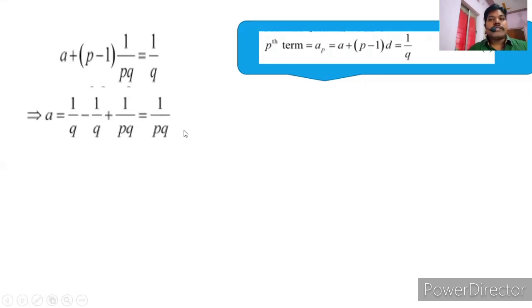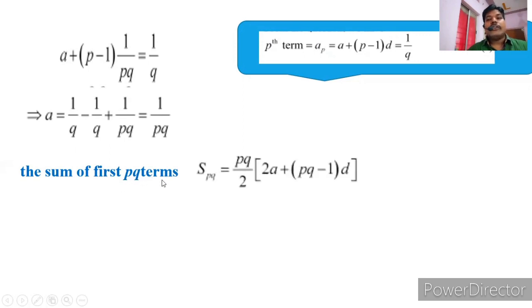All are understood, students? So already you know the A value, and here we have calculated the D value. D and A values are both the same. So A is equal to 1 by PQ and D value is also 1 by PQ. In the question, what they are asking is not the sum of n terms, but the sum of the first PQ terms. So already you know the formula.